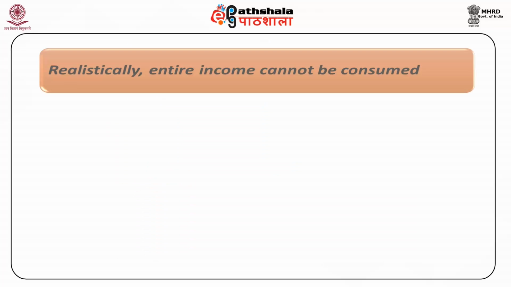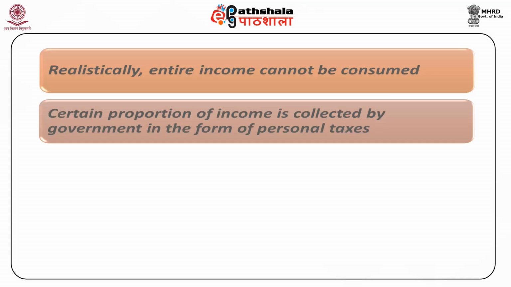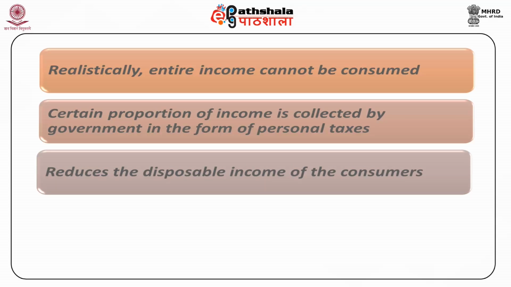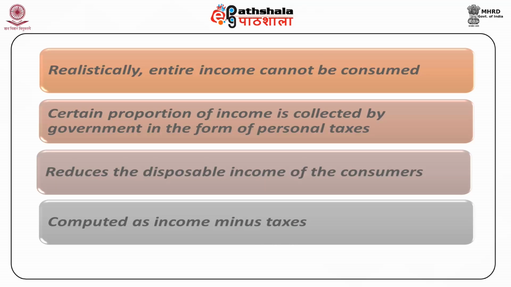More realistically, the entire income cannot be consumed. In fact, a certain proportion of income is collected by government in the form of personal taxes. This reduces the disposable income of the consumers, which is computed as income minus taxes.